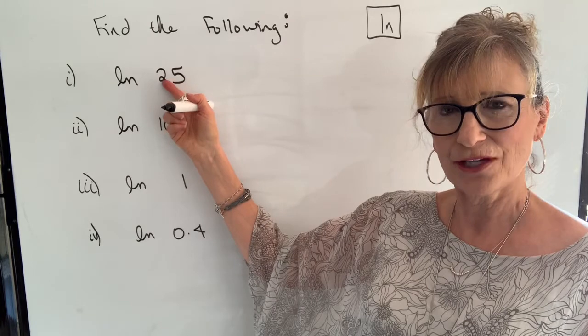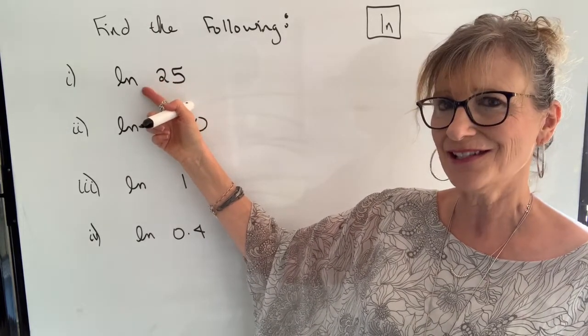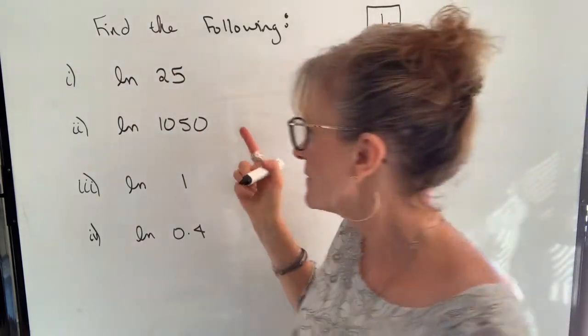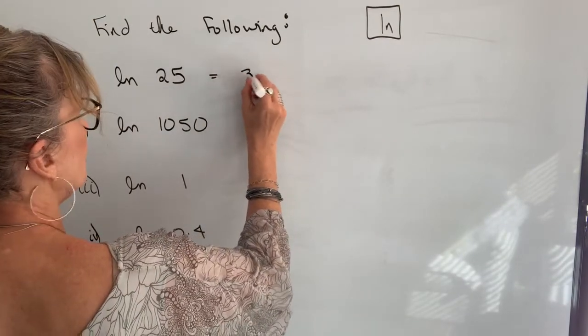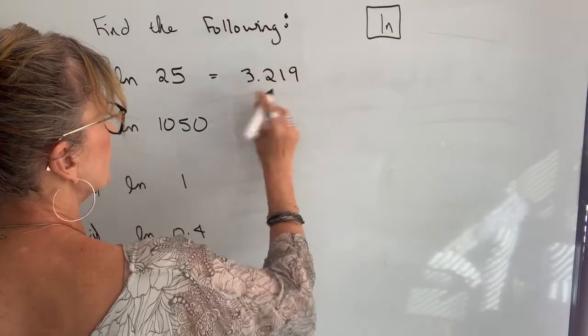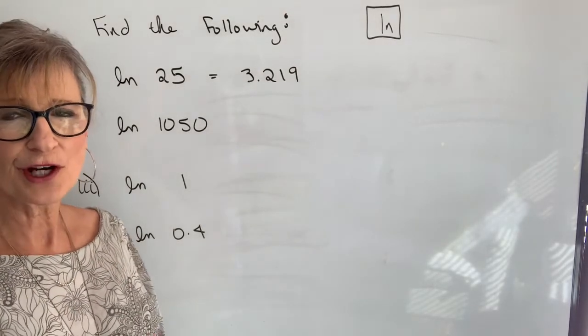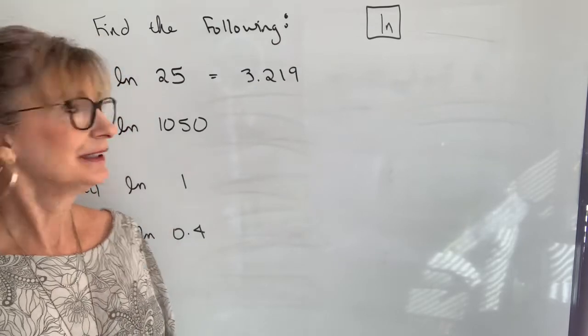You're finding the exponent to which the base, in this case e, must be raised to equal the quantity. So if we plug it in, first example, we should get 3.219. I'll just do these to 3 decimal places. Try it on your calculator, and make sure you get the same result.